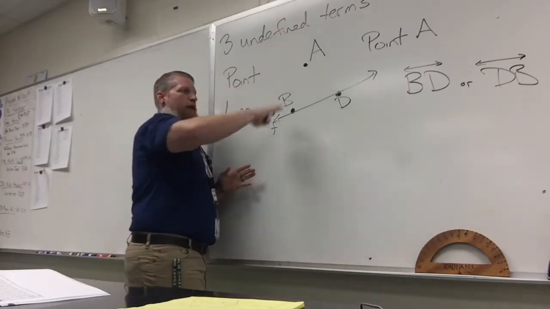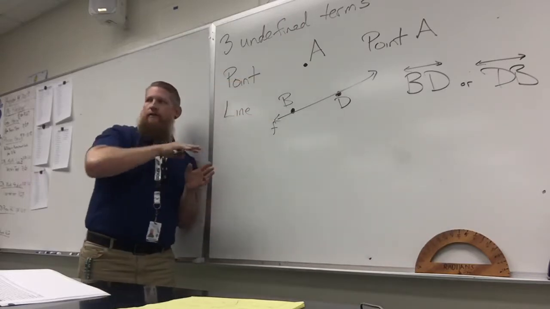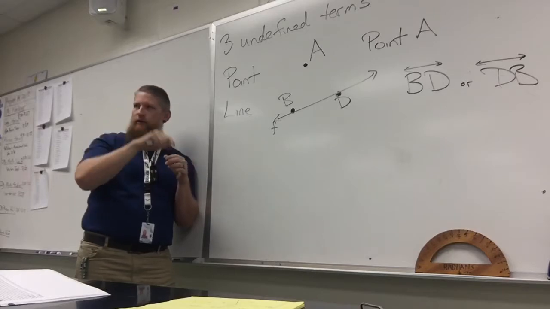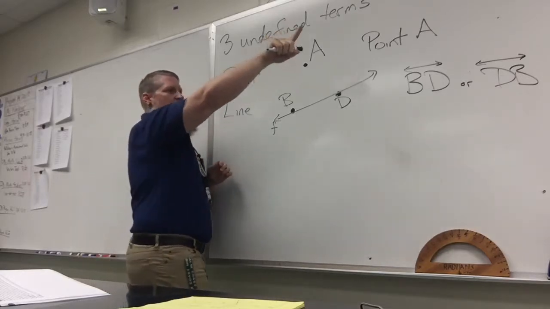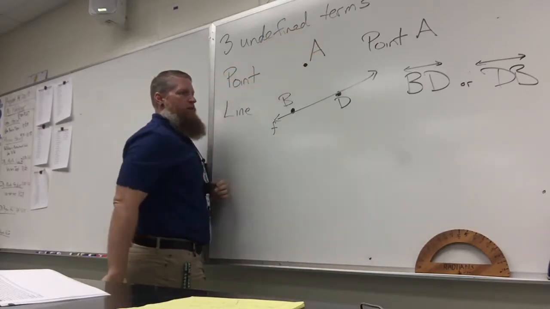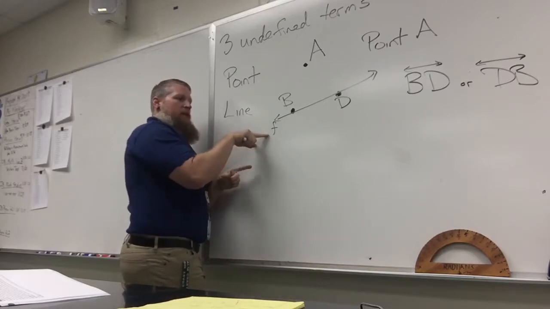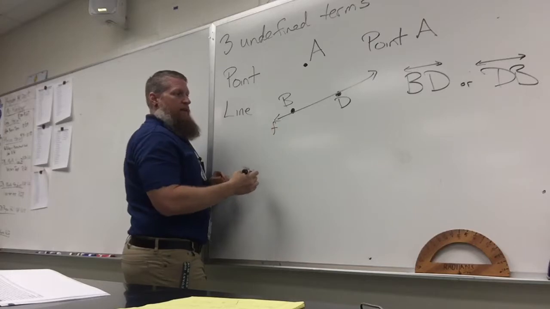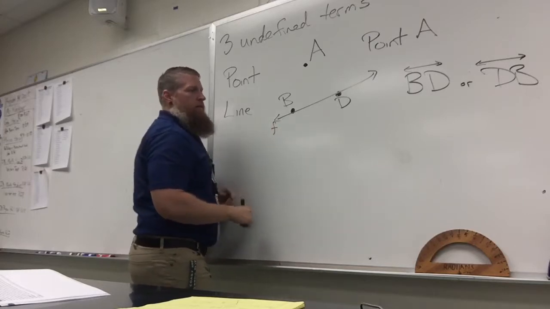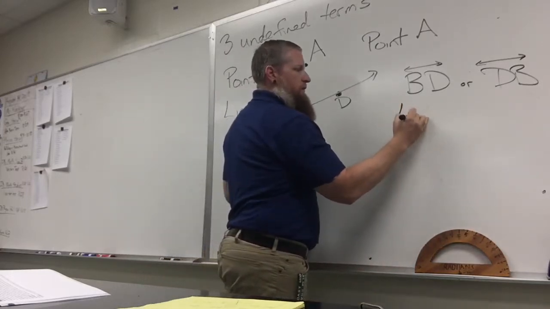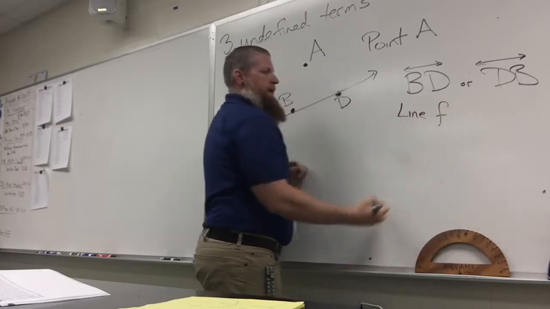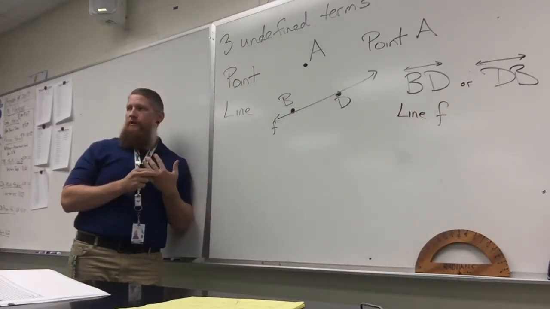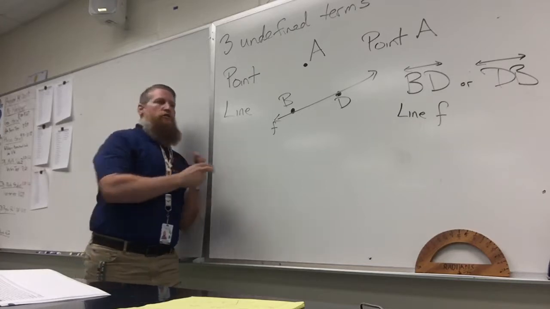It goes on forever in each direction, which is hard, because you can't represent that on paper. That's why you put the little arrows, representing that it goes in that direction infinitely. You can also call it line F, using the lowercase letter. Keep in mind that the lowercase ones are never the points, so don't include those with the other 2.